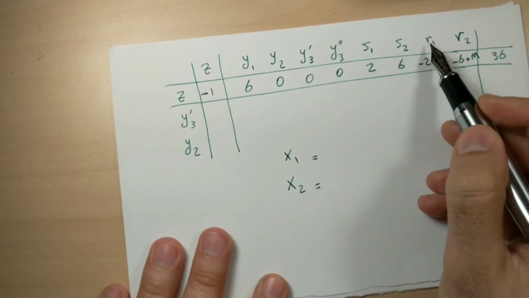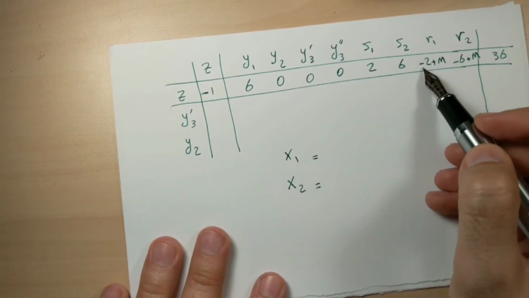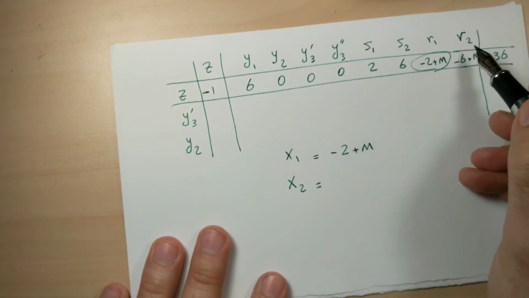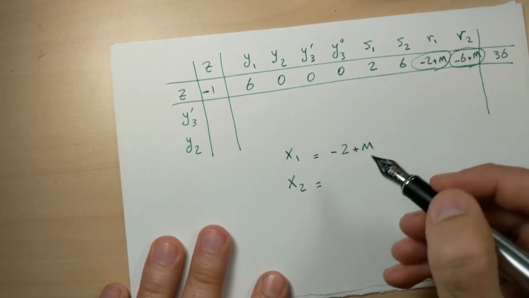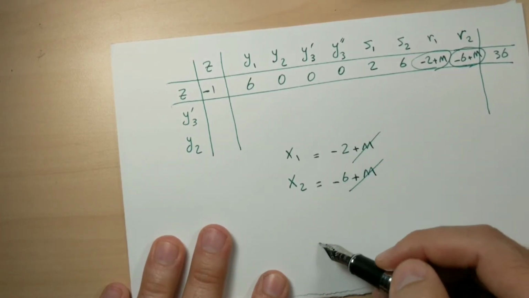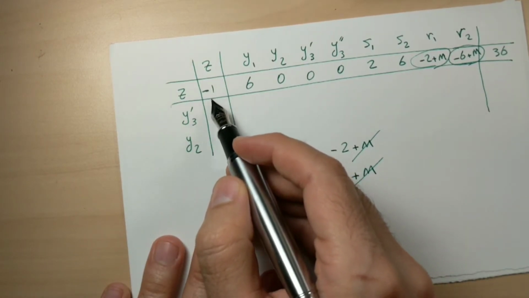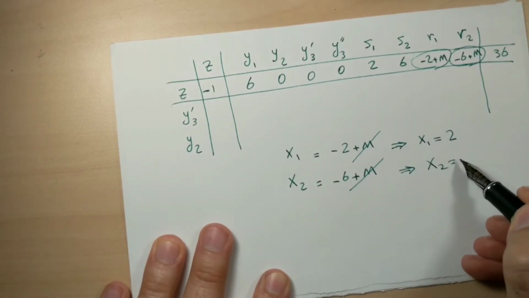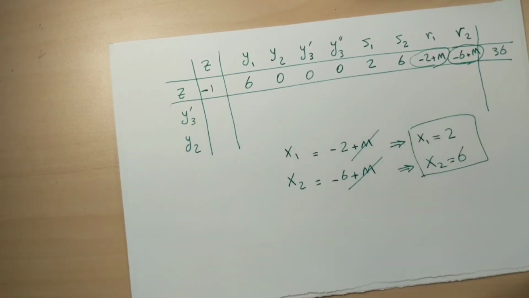For x1, since we have r1, you look at the coefficient of the artificial variable for constraint 1, negative 2 plus M. Again, we have r2 and s2, so the coefficient of the artificial variable in the objective function row is negative 6 plus M. You just need to remove M and multiply by negative 1 because the primal was a minimization problem. x1 is 2, x2 is 6, and that's it. This is the optimal solution of the dual of this problem.